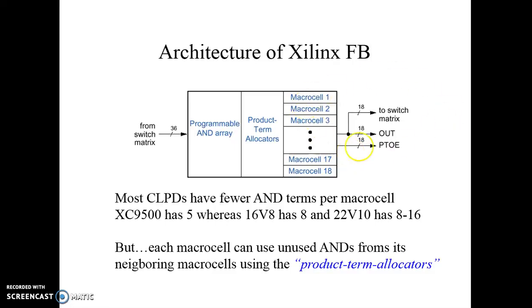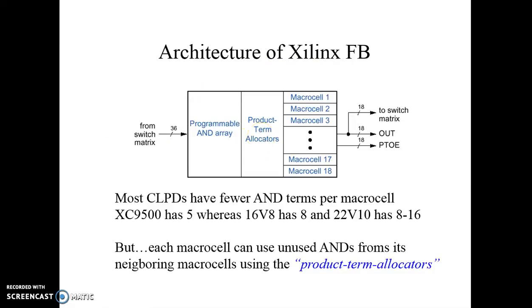Logic within the function block is implemented using a sum of products representation. 36 inputs provide 108 true and complement signals into the programmable AND array to form 90 product terms.